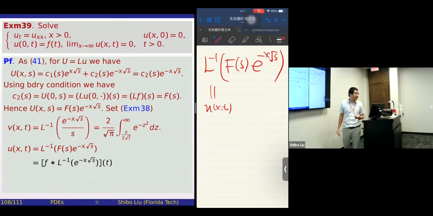We have this property. Because this is the product of two functions, taking the inverse transform by our property equals the convolution of their inverses. So the convolution of capital F's inverse, the small f, with this, I copy here. But how to compute the inverse of this function?